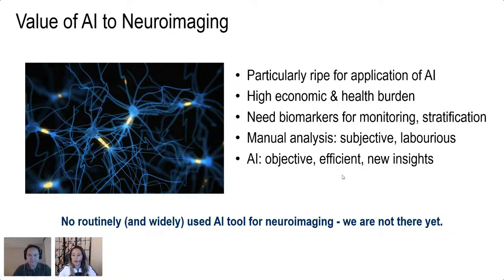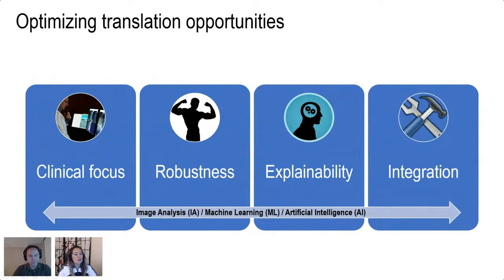So I wanted to talk a little bit today about the considerations that we can have as researchers focused on creating these tools in order to optimize translation opportunities. I will get into each of them, but basically the tool that you focus on should have a clinical focus. It should be robust, so it should work in a variety of settings and imaging departments.